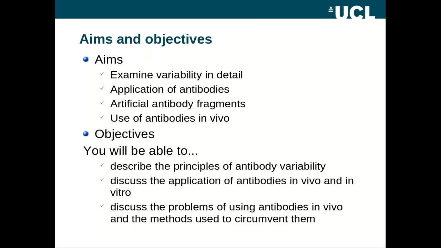And at the end of the lecture, you should be able to describe those principles of antibody variability at that detailed structural level, discuss those applications of antibodies in vivo and in vitro, and discuss the problems of using antibodies in vivo and the methods that we can use to circumvent those problems.